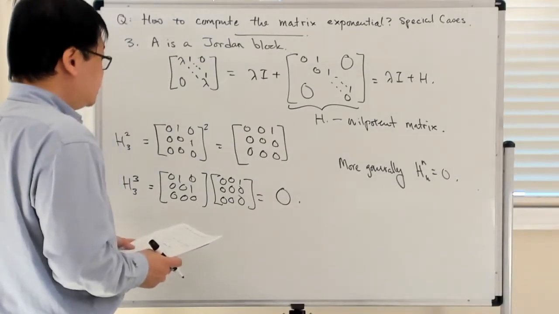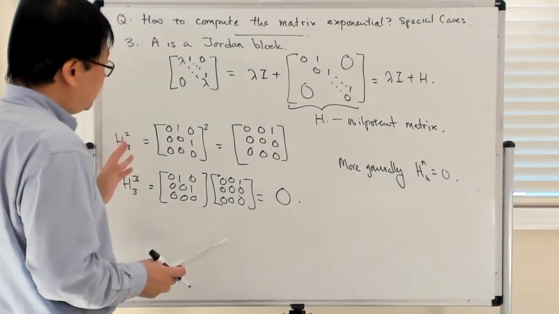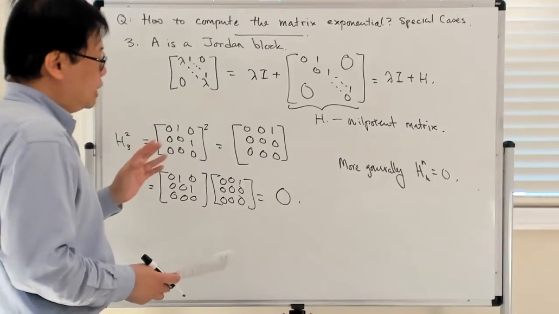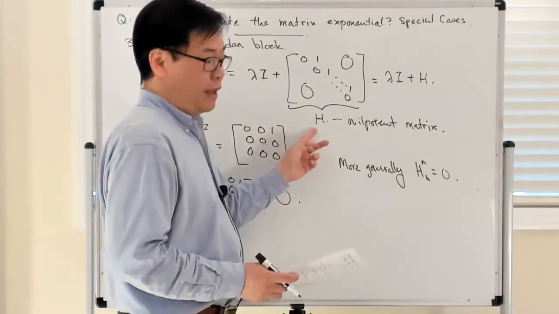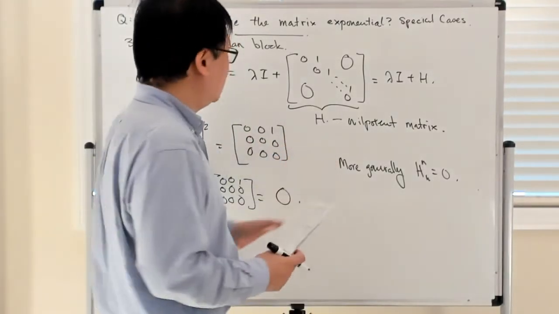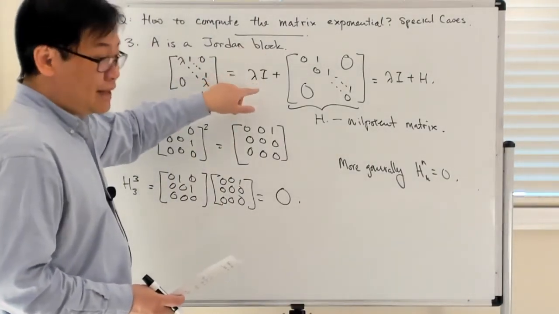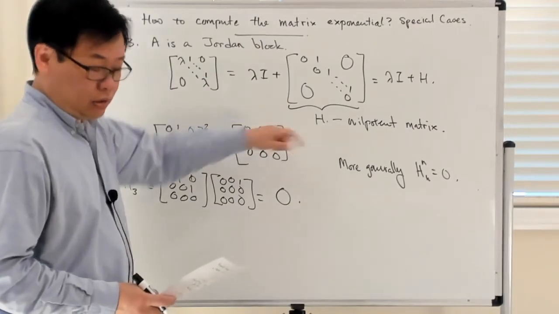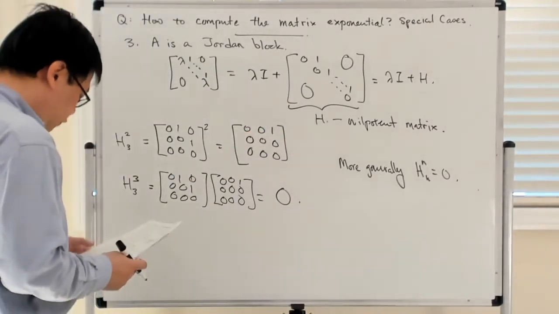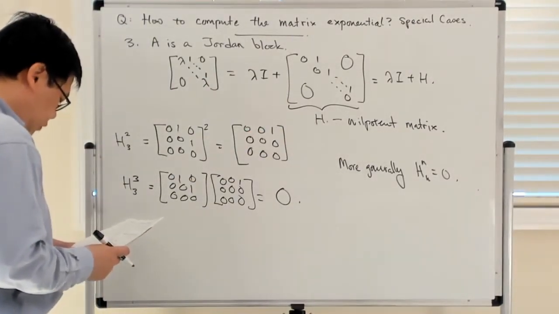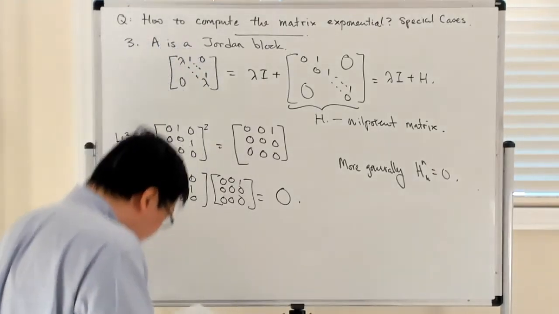Okay, but we're not quite there yet, right? Because we're not interested in just computing the matrix exponential of H, which is this nilpotent matrix. We're interested in computing the exponential of the Jordan block, which is lambda I plus H. So how do we go from there? The way we go from there is the following.